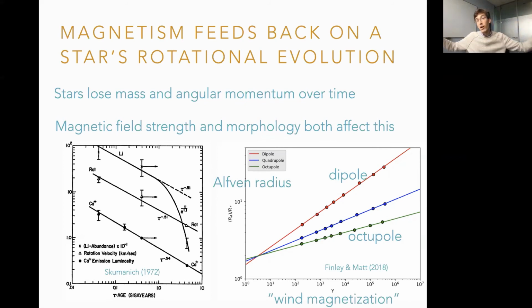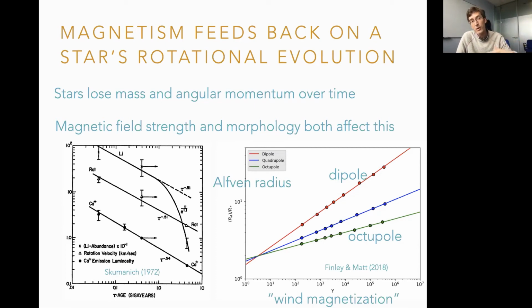And so if you change that lever arm, for example, by changing the field strength or by changing its morphology, so you change it from a dipole field down to a quadrupolar or octupolar field, which has a smaller lever arm for the same field strength, you'll change the spin down rate. So this plot on the left is a famous plot from Andy Skumanich, 1972, looking at essentially the fact that stars spin down over time.